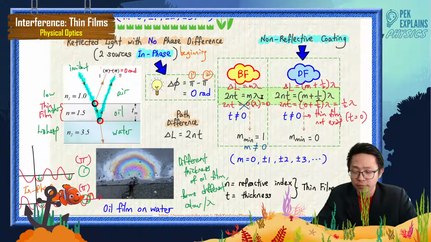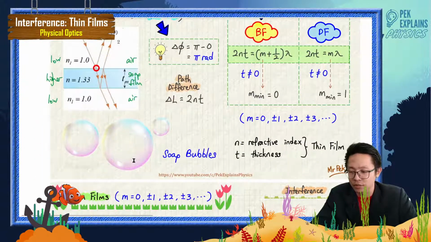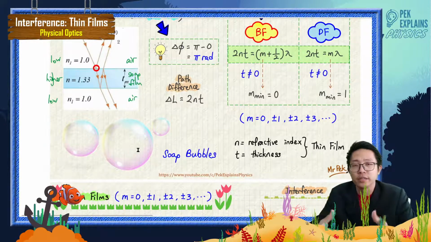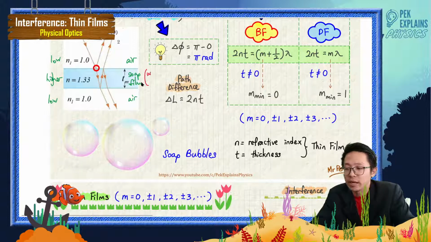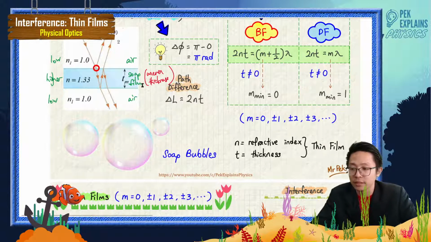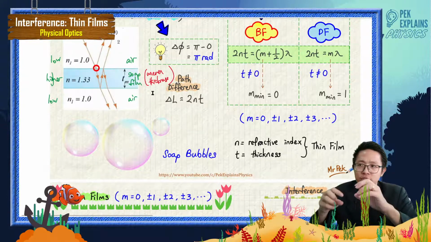So although this soap bubble looks like a perfect sphere, the soap film is actually of uneven thickness, because the fluid is always flowing here and there.